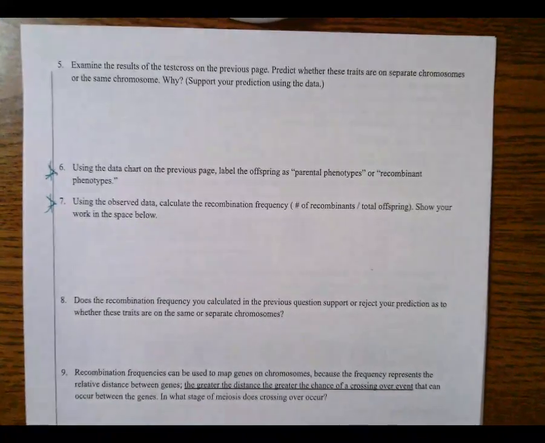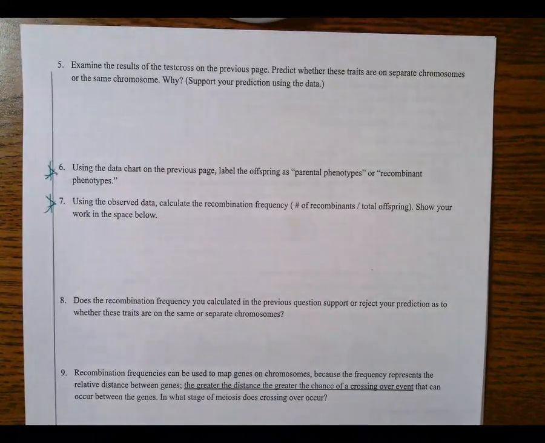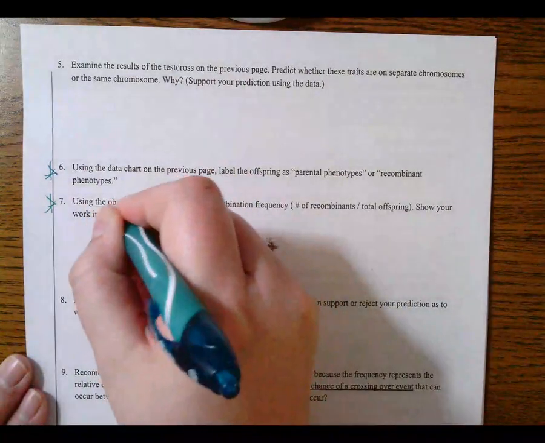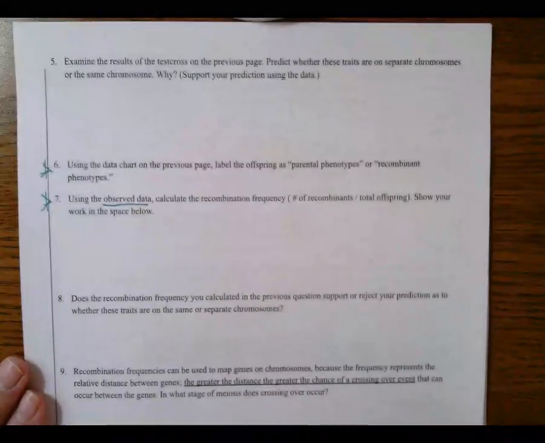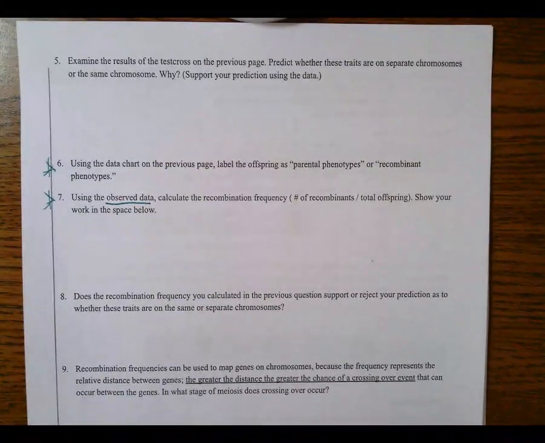Now, number 7 said, using the observed data, calculate the recombinant or recombination frequency, which is the number of recombinants divided by the total offspring. So here's the keyword for this one. The keyword for this one is using the observed data. Okay, you gotta read really, really carefully on these questions.